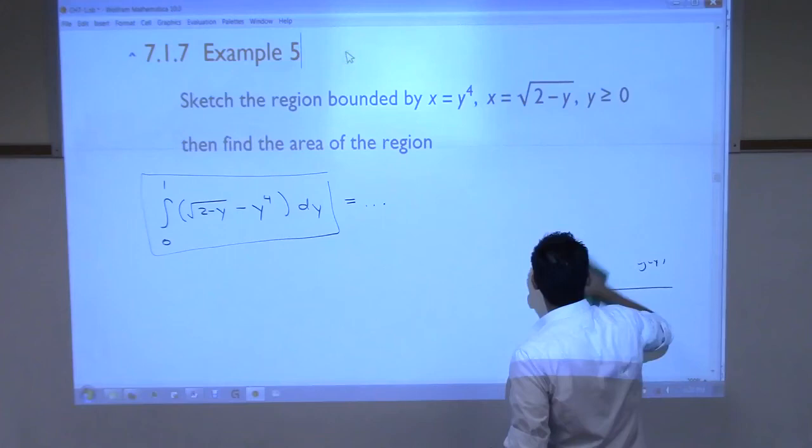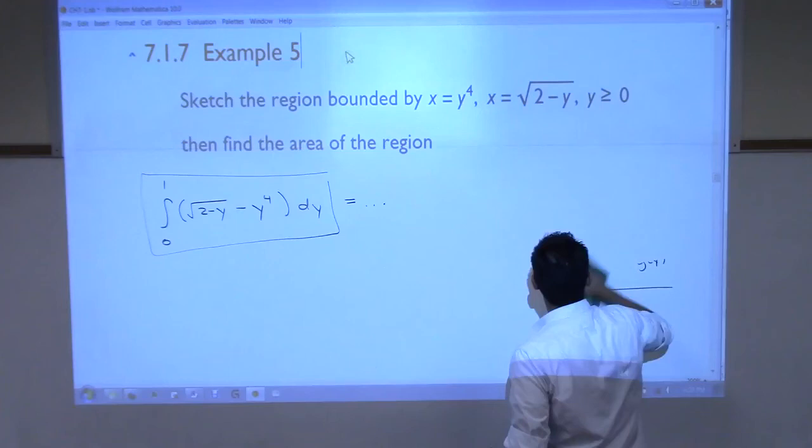All right, I think I'm ready for the integral. Where's my integral going to start? It goes from 0 to 1. And then I'm doing what? Yeah, the right boundary, which is this one right here.